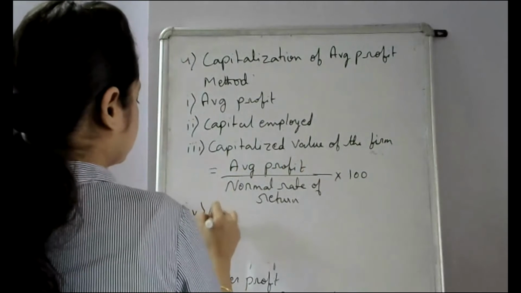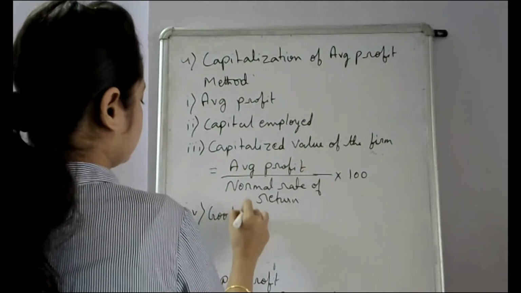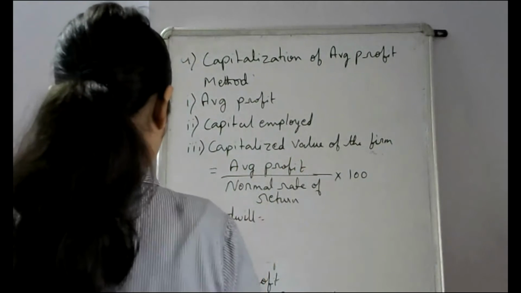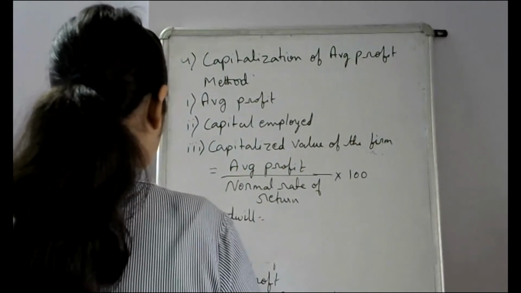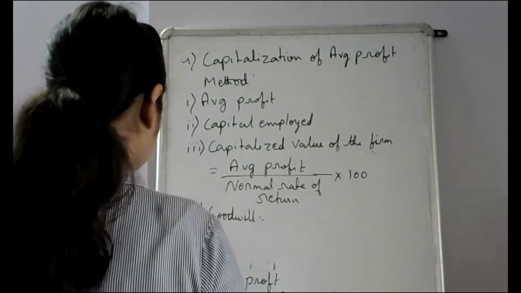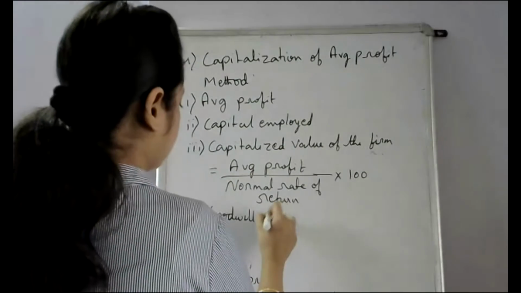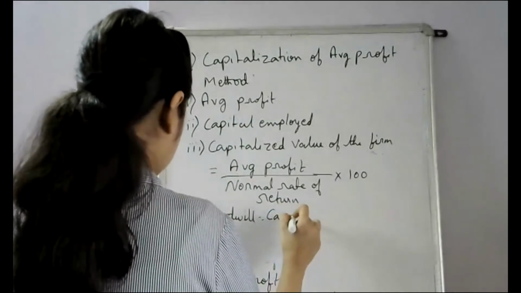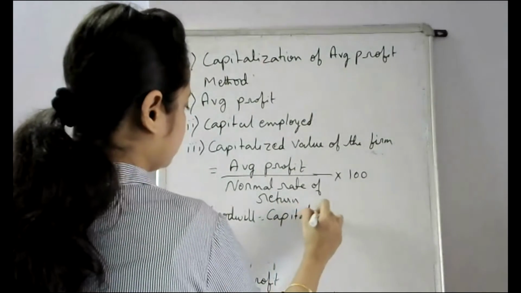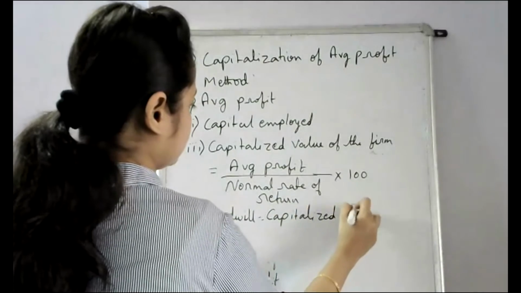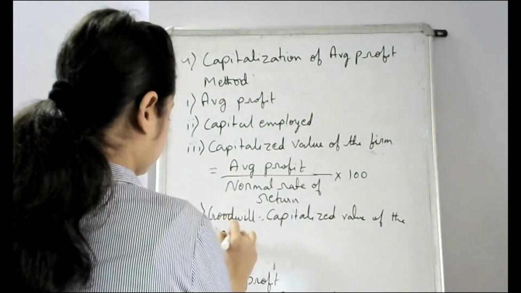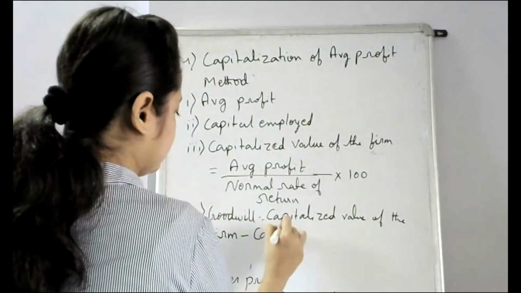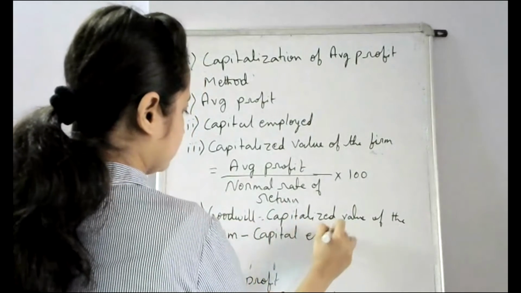Number 4 is goodwill. Capitalized value of the firm minus capital employed.